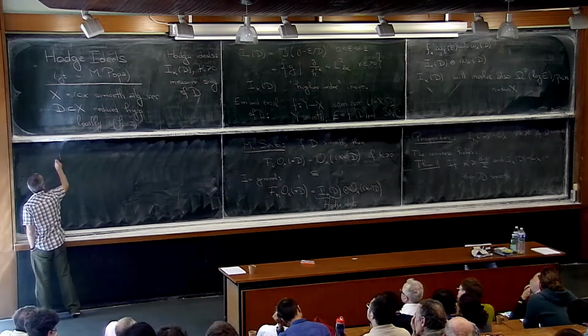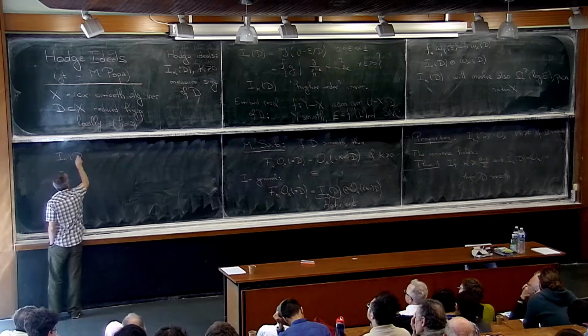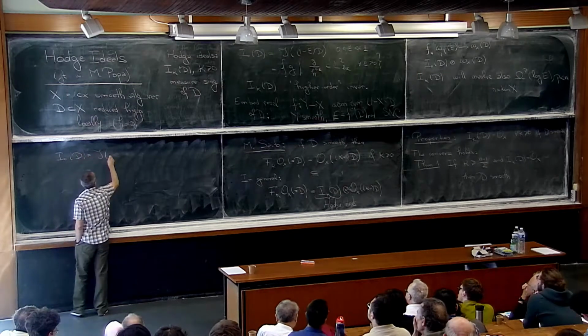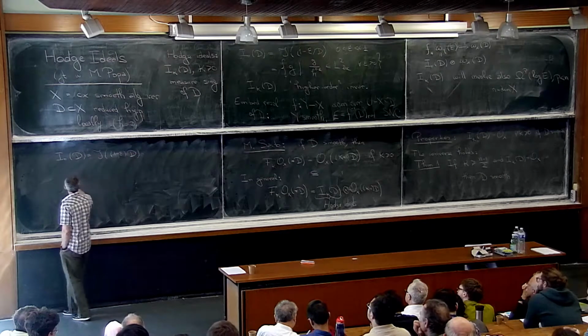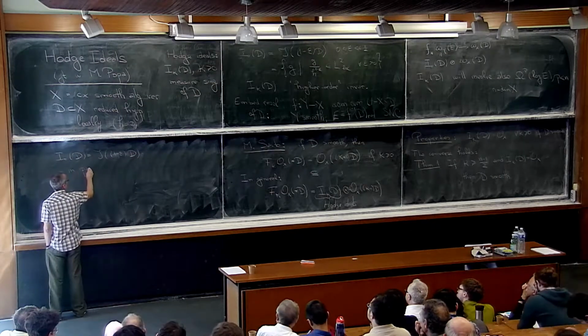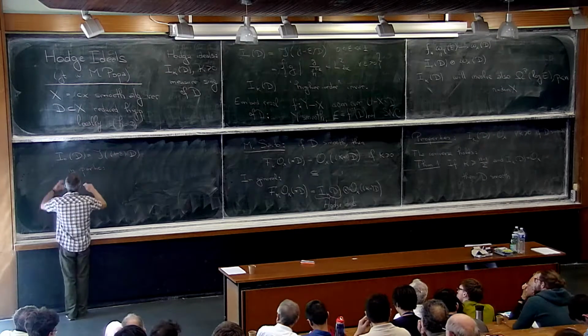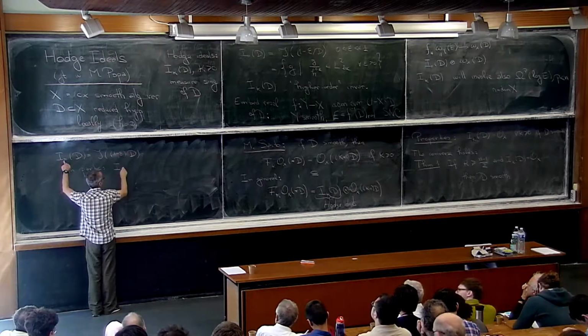Again, we have this I0 of D, the multiplier ideal of (1 minus epsilon) times D. So in particular, what does it mean that I0 of D is the structure sheaf?